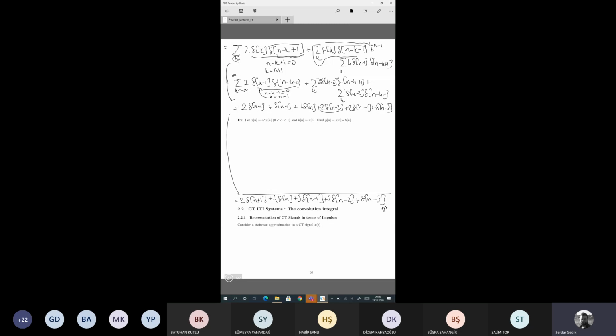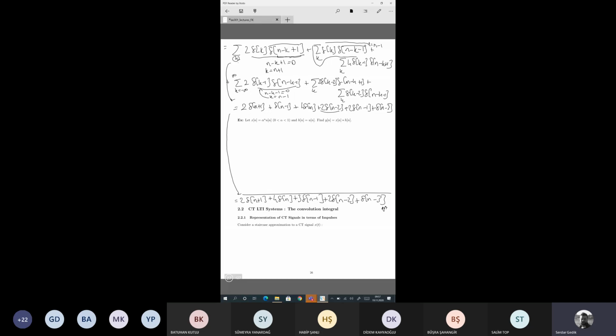In the second one, I have used the properties of the impulse signal, and by using this property, I have easily gotten rid of those summation terms. And in the end, both solutions give me the same result.